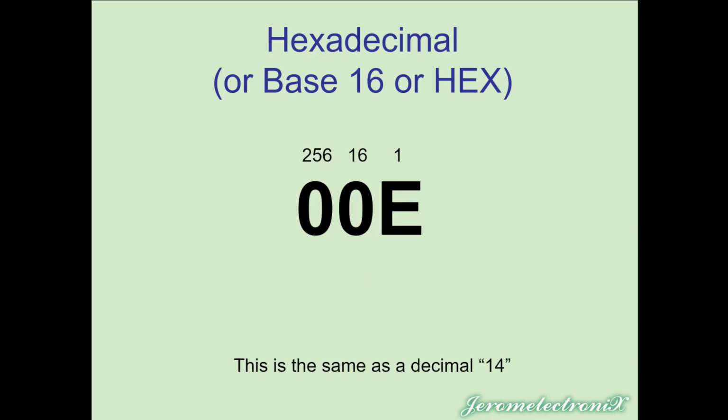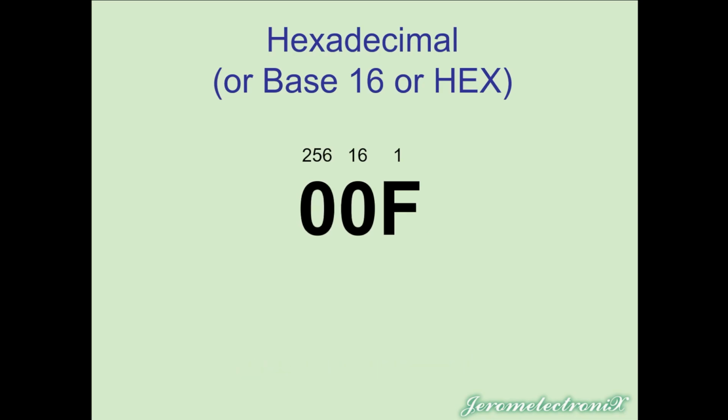We don't want to be confused. E, uppercase, lowercase is round like a 0. F, generally use uppercase. In fact, really we always use uppercase except for B and D. Probably the easiest way to remember that. This is the same as decimal 15.